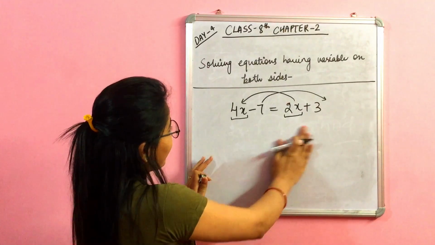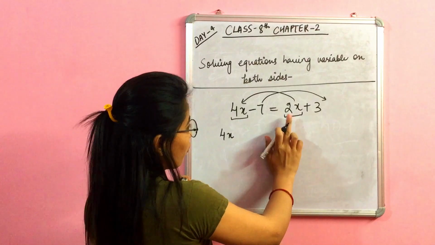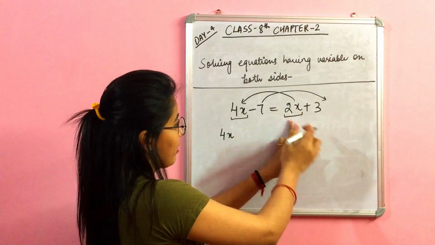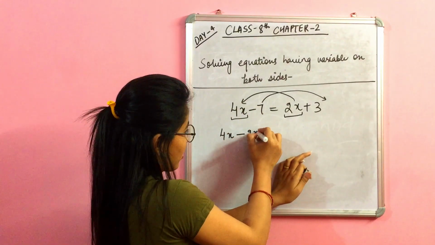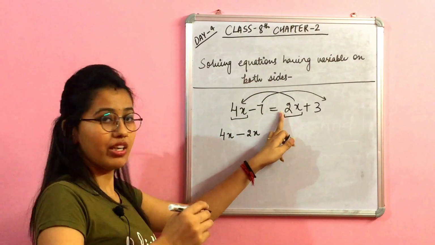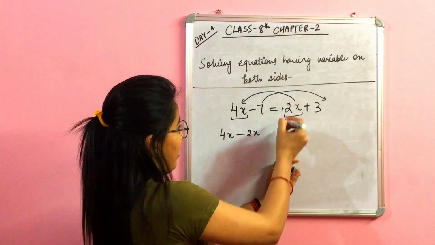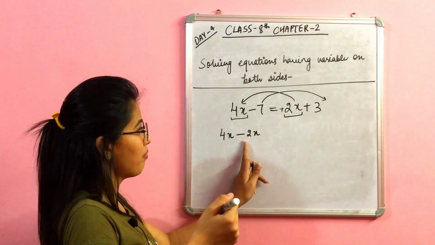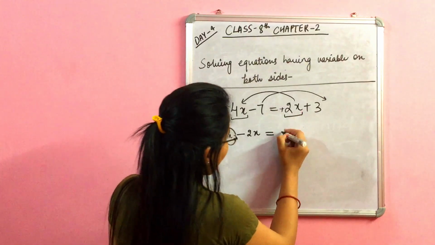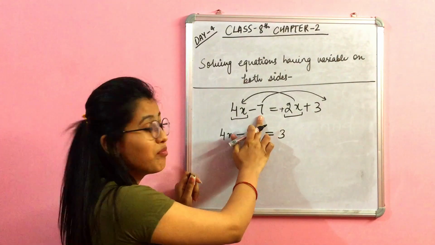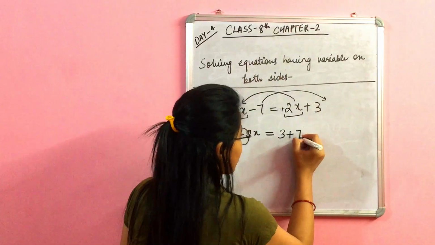If I rewrite this equation, it will be 4x, and this plus 2x coming to the left hand side will become minus 2x. If there is no sign in front of any variable or number, we consider it as plus. So this plus will become minus here. Equal to will remain the same. Now there is 3, and this is minus 7. When this is transposed to the right hand side, it will become plus 7.